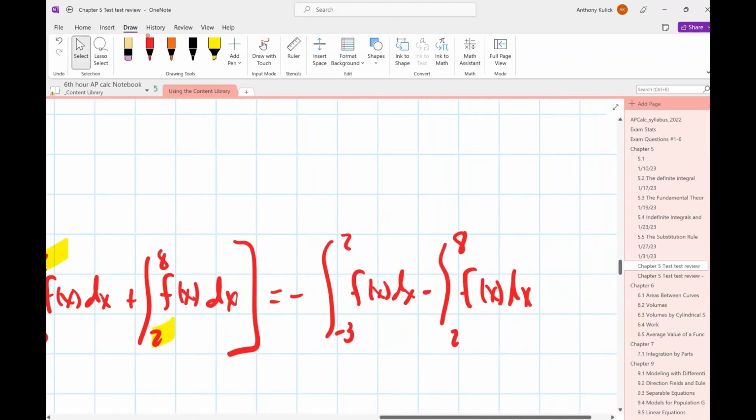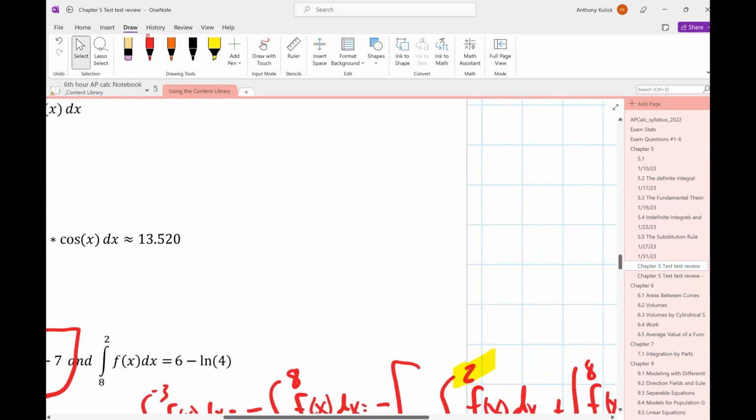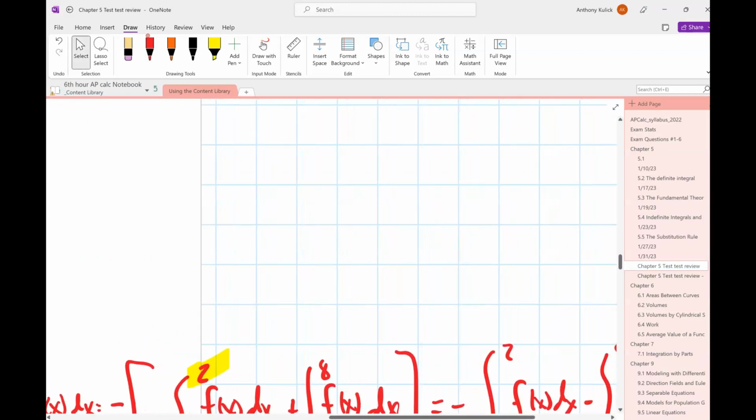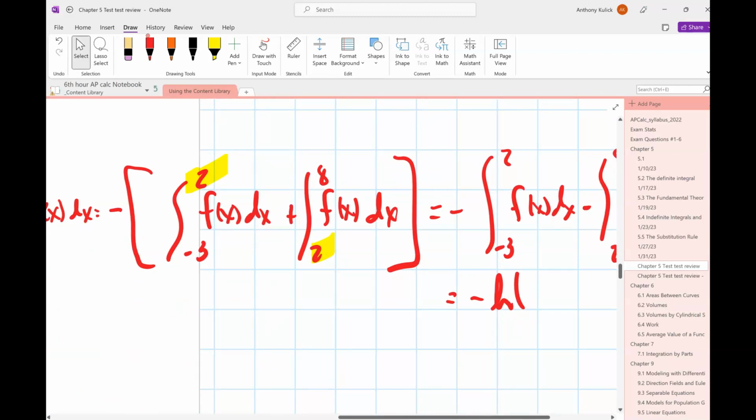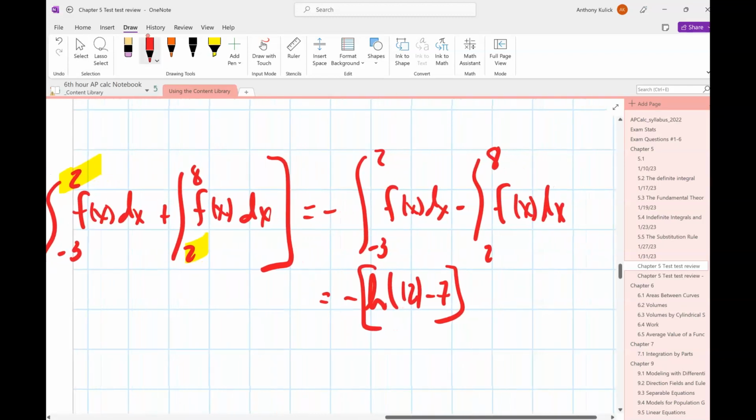So this is just negative natural log of 12 minus 7. And then this piece we don't have. We have from 8 to 2.